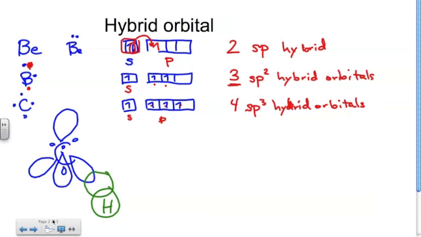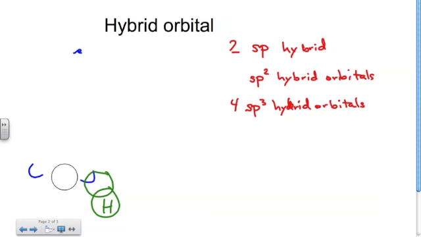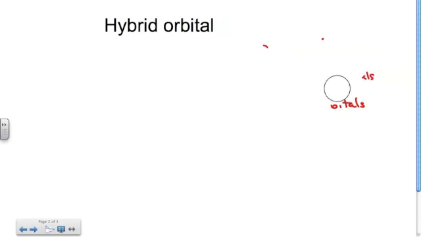If we want to look at some of our other crazy ones with expanded octets, for instance, say we look at SF4.